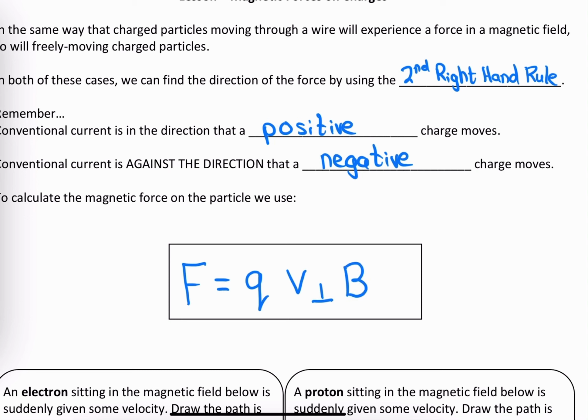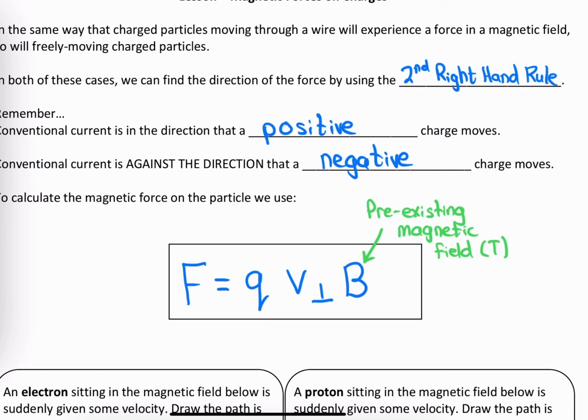So F equals Q V B. Again, B is my pre-existing magnetic field. It's the first thing that I need. It's in Teslas.